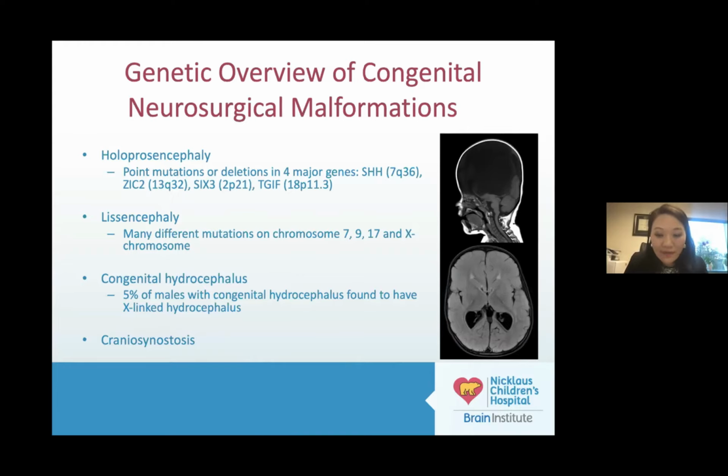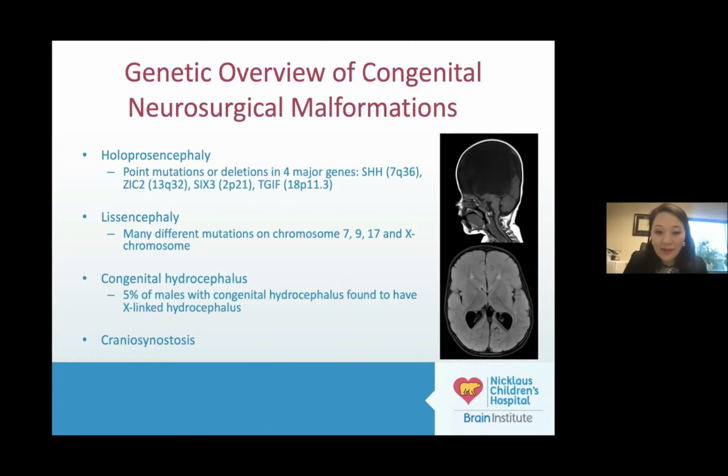Congenital hydrocephalus is also something that we have gained greater understanding of from a genetic perspective, and recent genetic analysis has identified approximately 9% of males with a genetic abnormality leading to congenital hydrocephalus.